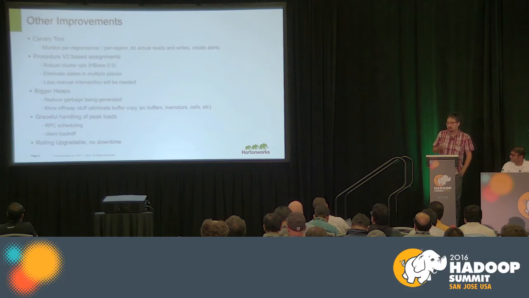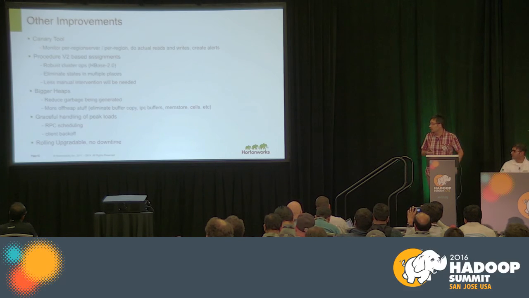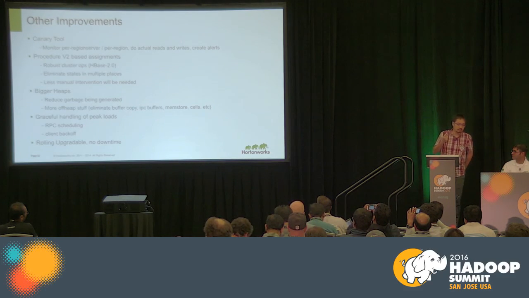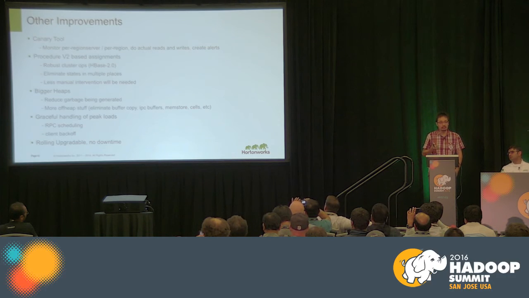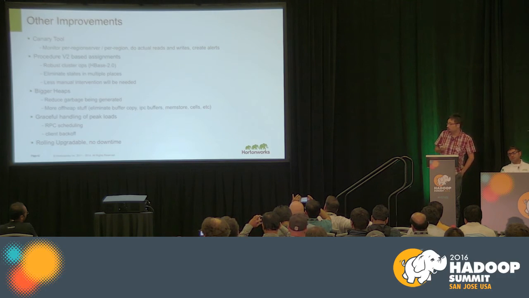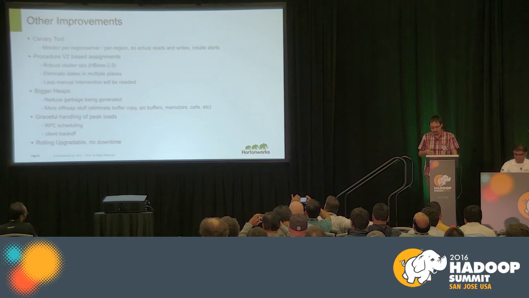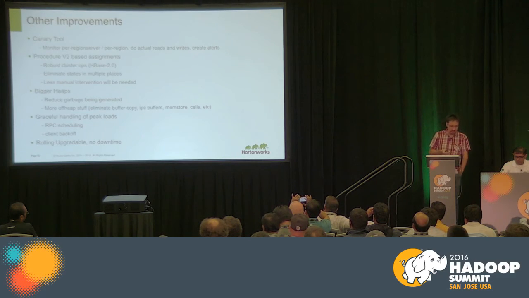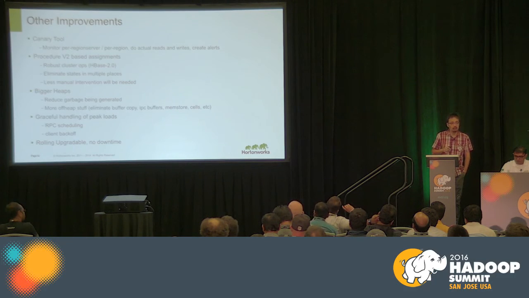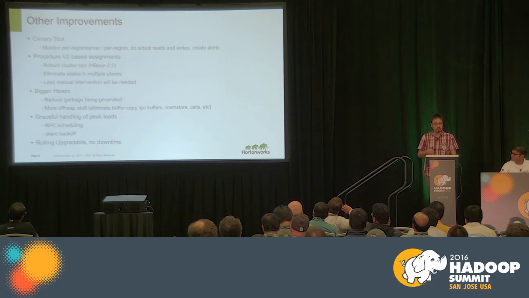Other things that we are trying to do in the HBase community to make, again, everyone's life easier is the Canary tool. It's a relatively new tool that's been developed and improved over the different releases. I suggest everyone really use this tool to set up alerts for different Canary invocations. It can do actual reads and writes.